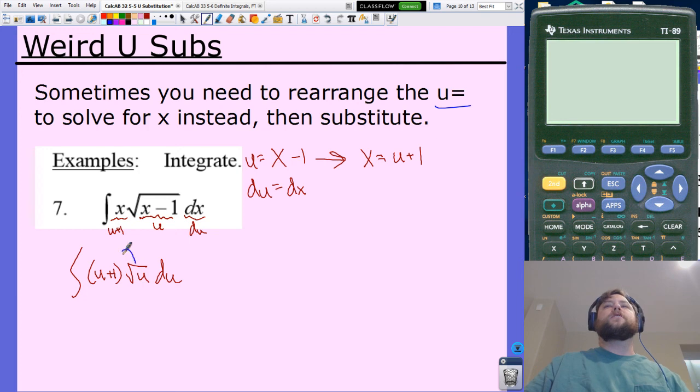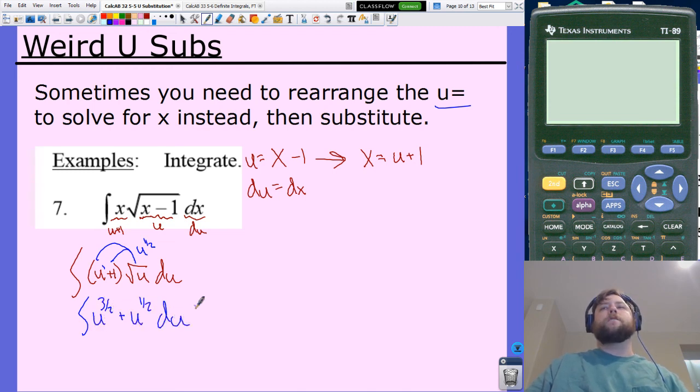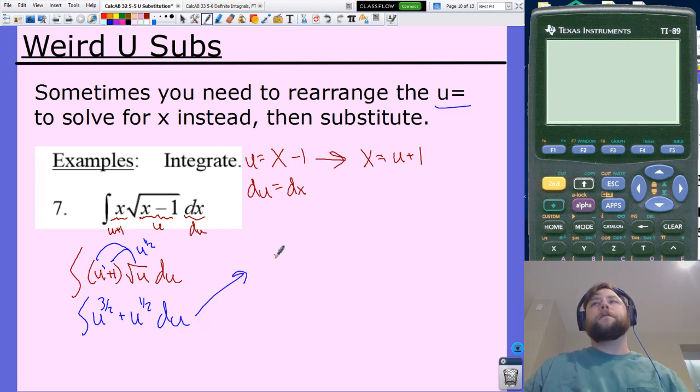So I'm going to distribute that square root of u, which is the same thing as u to the 1/2 power. So it's the integral of u to the 3/2 power plus u to the 1/2 power du. There. Now I can actually integrate this. So it becomes u to the 5/2 power times 2/5 plus u to the 3/2 power times 2/3 plus c.